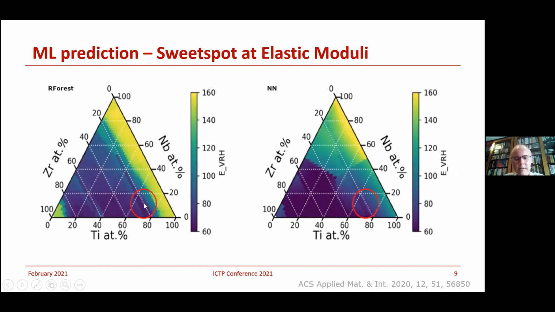So this could be seen in both methodologies, in both models. With that, this was the map for us to look for those compositions, in order to see if you can end up with a material with a low elastic moduli that can be applied on bioimplants and bio applications.